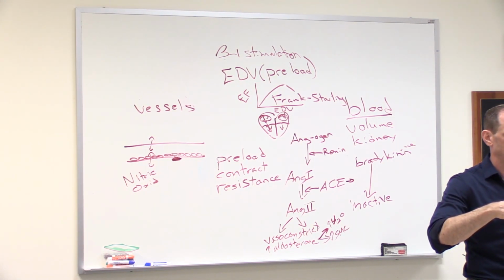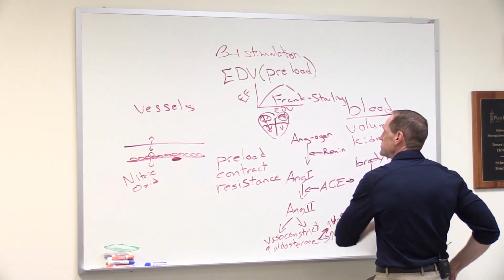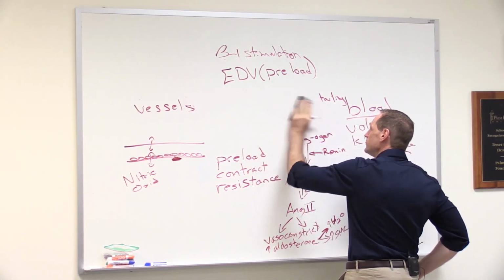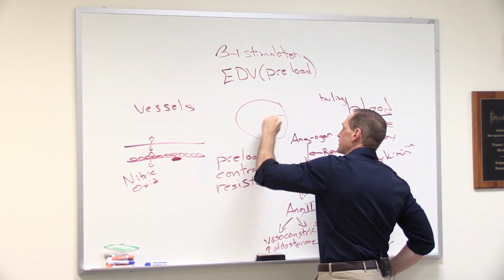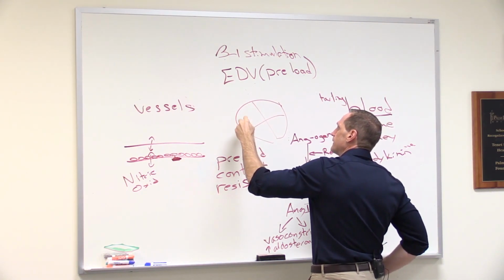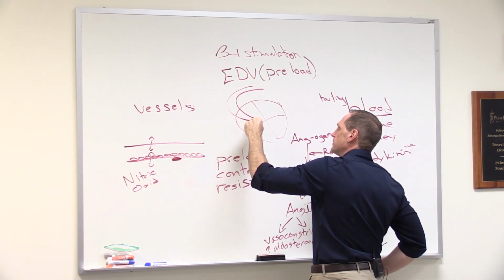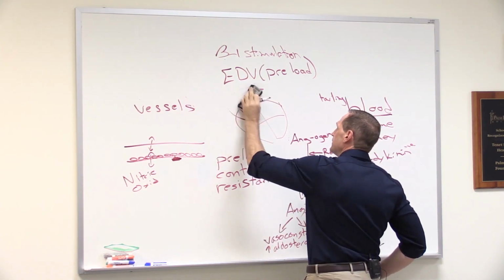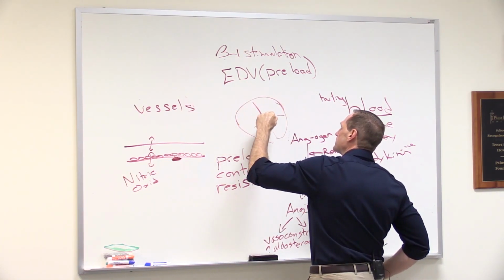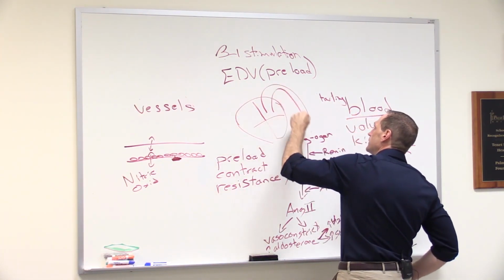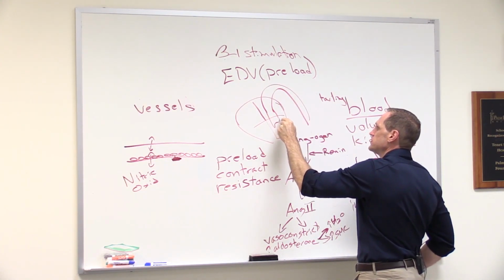Let me draw this just ever so slightly larger now. Let's just imagine your pulmonic, well, let's do the aortic. So, kind of like that. So, here's your aortic valve.